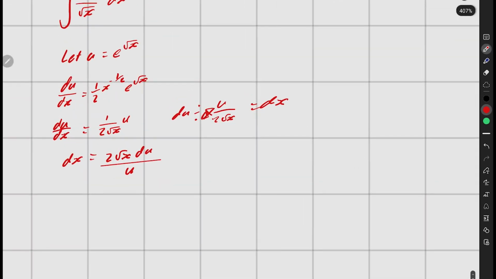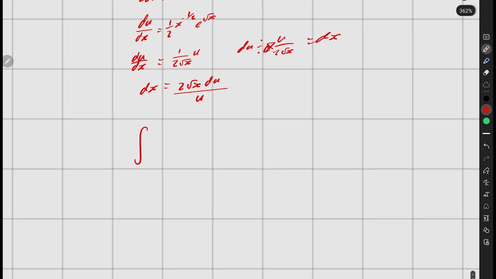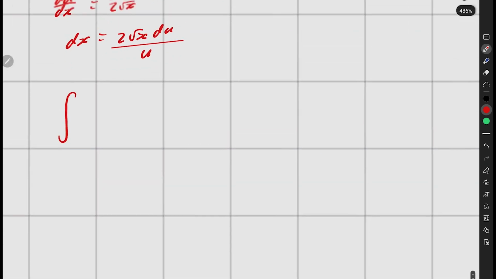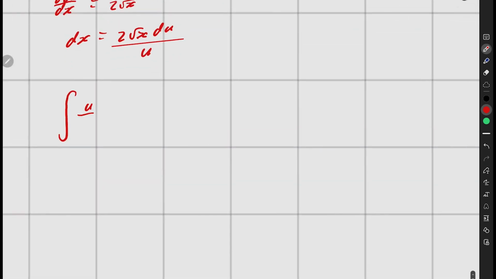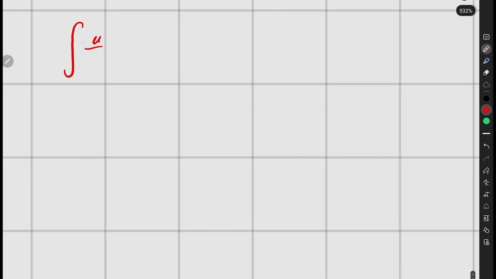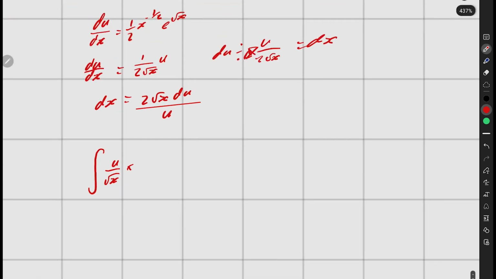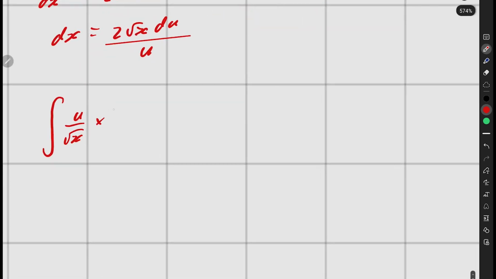Alright, let's substitute this back into the equation and write this down in terms of u. So we're going to have u divided by root x times dx. And we know that dx is equal to 2 root x du over u.